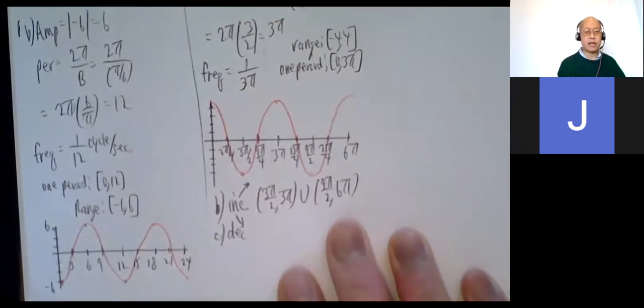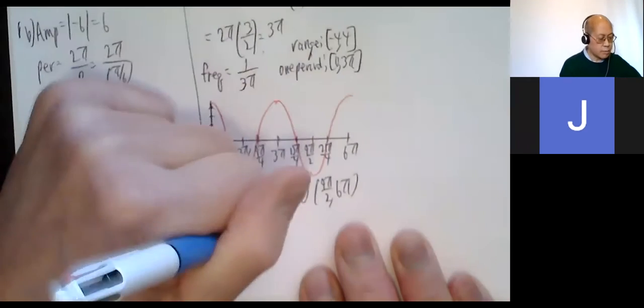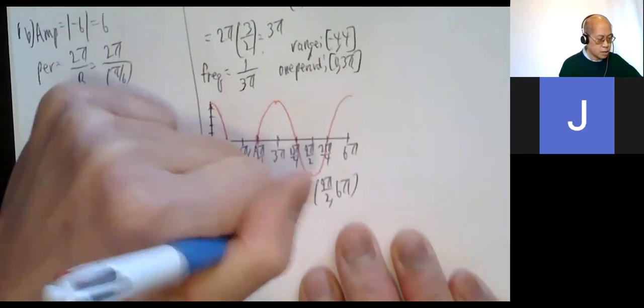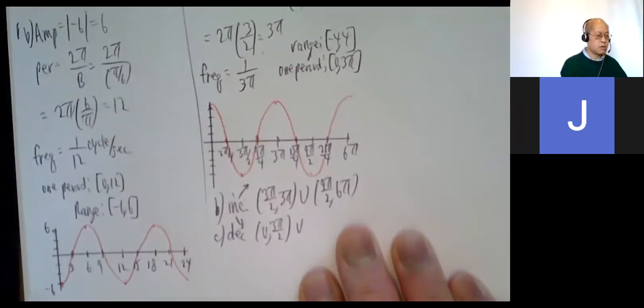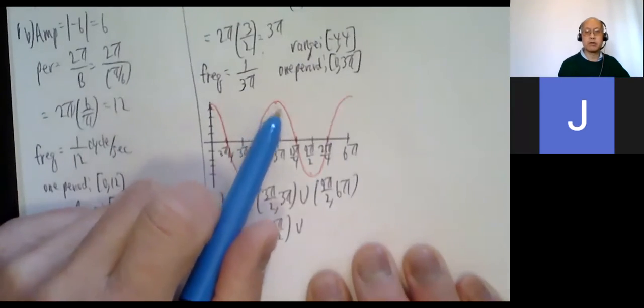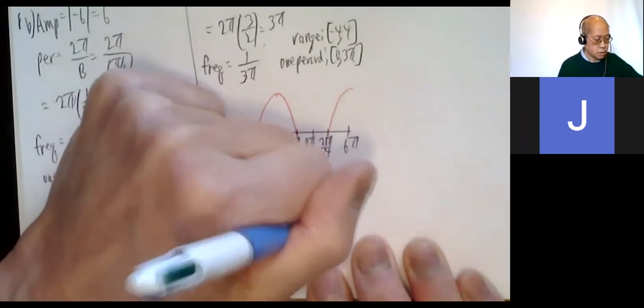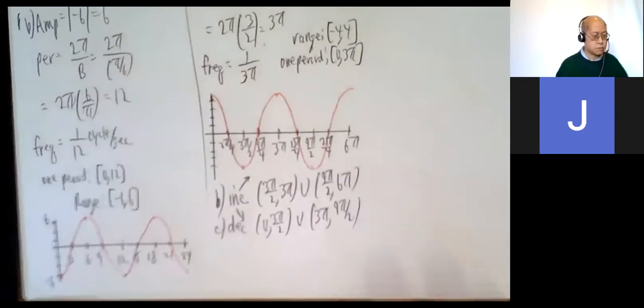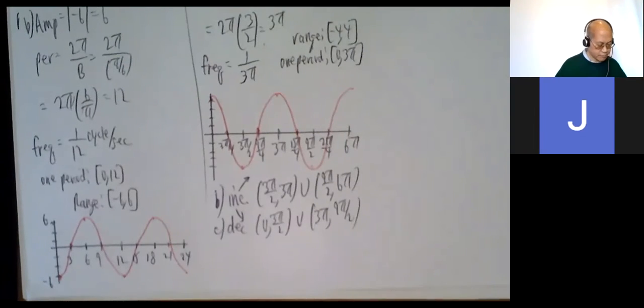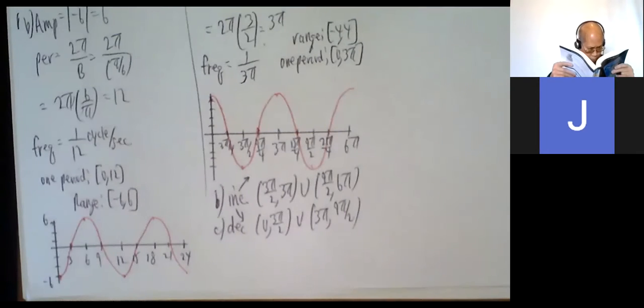So between 0 and 3π/2, union, where else am I going down the roller coaster? Between 3π and 9π/2.